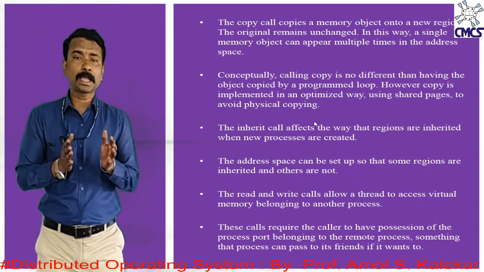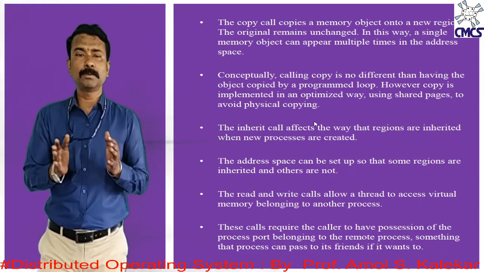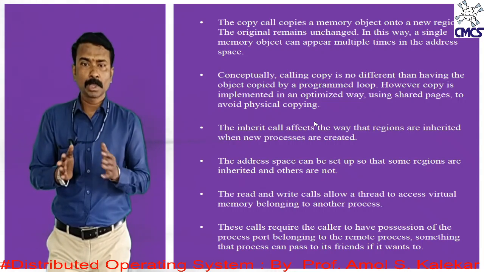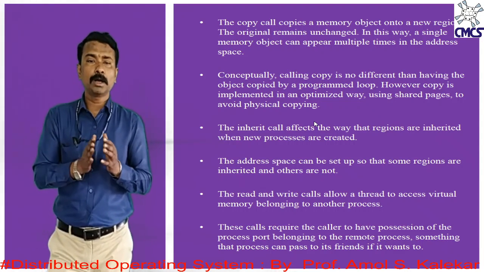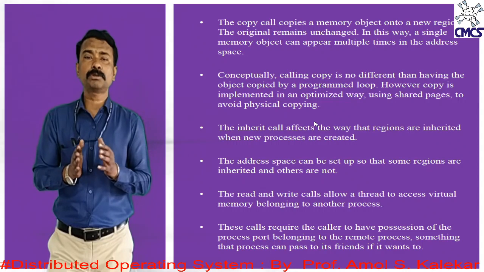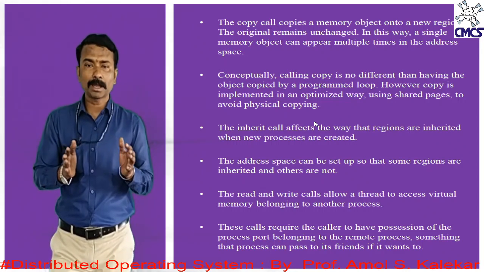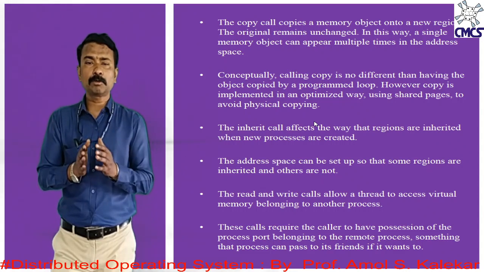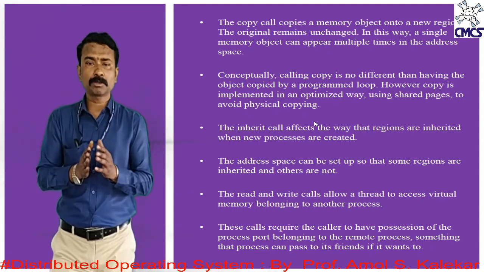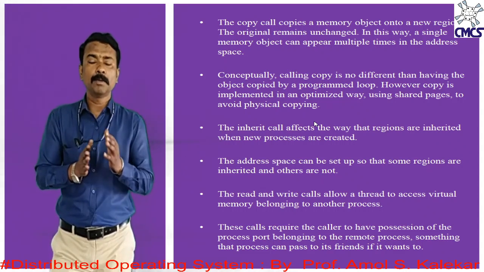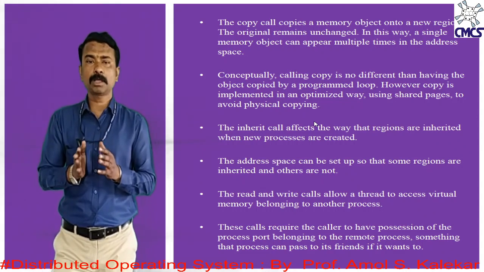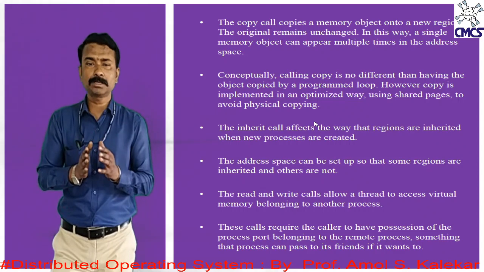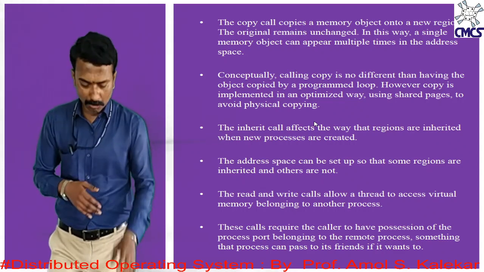The address space can be set up so that some regions are inherited and others are not. The read and write calls allow a thread to access the virtual memory belonging to another process. These calls require the caller to have possession of the process's port belonging to the remote process, something that process can pass to its friends if it wants to do so.